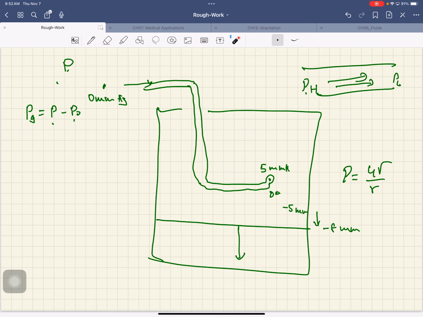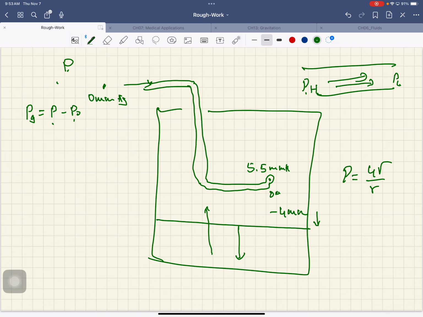Okay. When you want to breathe out, what do you have to do? You have to increase the pressure. You raise the diaphragm. This pressure in the thoracic cavity goes to -4 millimeters. So this was really 5.5, okay?